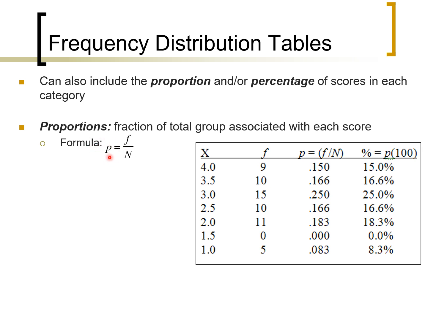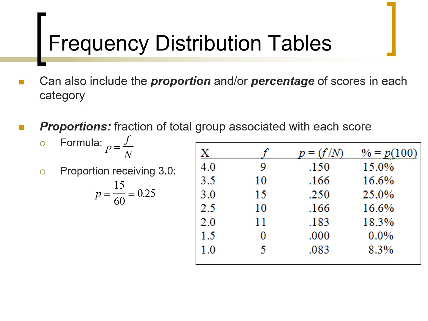We'll also talk about p later as a probability, but here we're just talking about it as a proportion. Then we take our big N, the total population size. How do we get that? Our sigma f, which we know is going to be 60 from the last slide, and then our frequency of that X value.